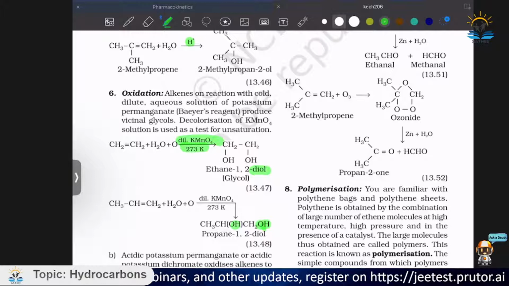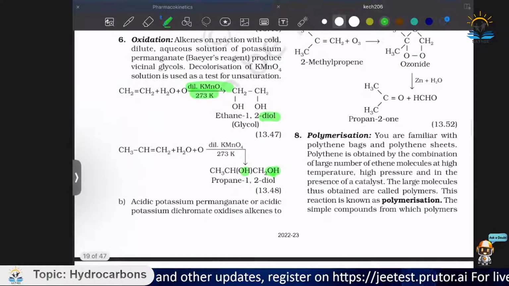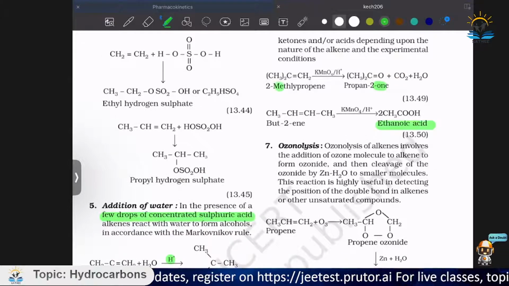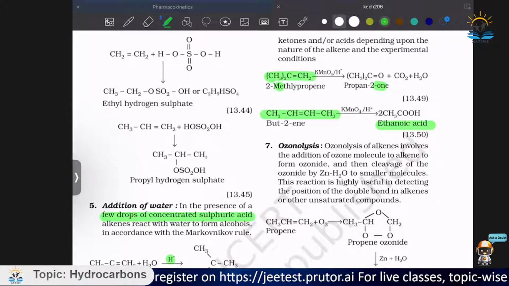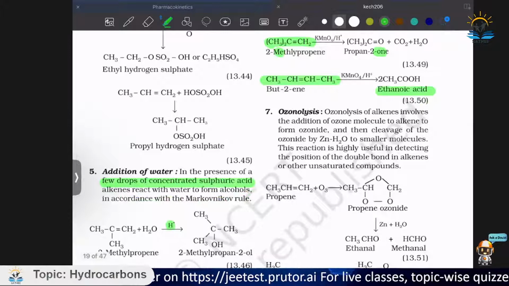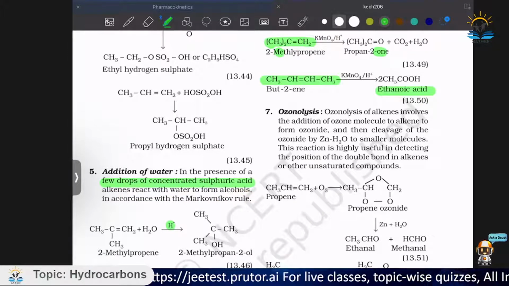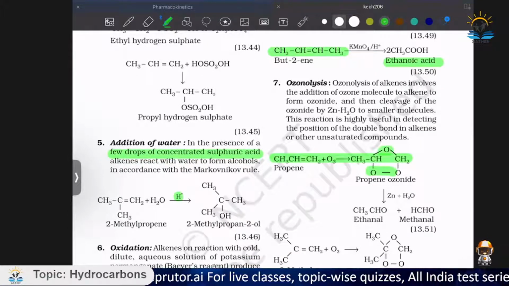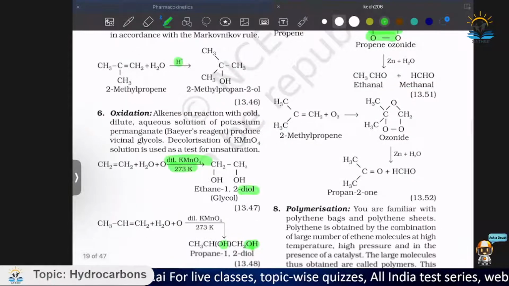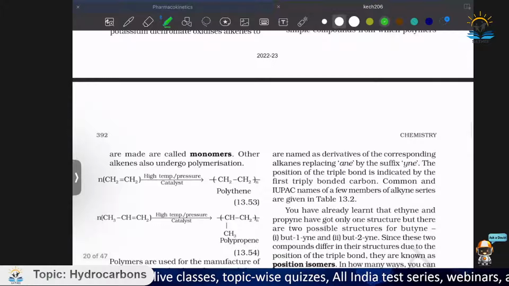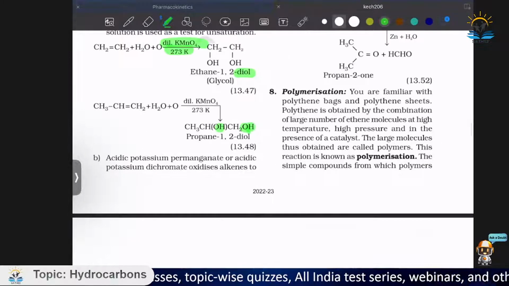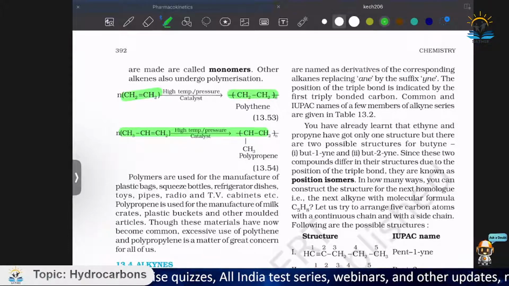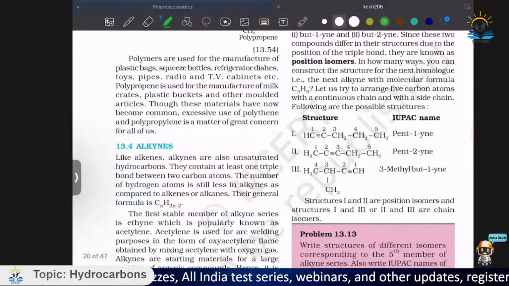Acidic potassium permanganate will oxidize them to ketones or acids. Then ozonolysis reactions. Not going to explain it. It'll take too much time. Isomerism, polymerization. Simple. Just remove the double bond and polymerize it. Then you have alkynes. Just a second, please.